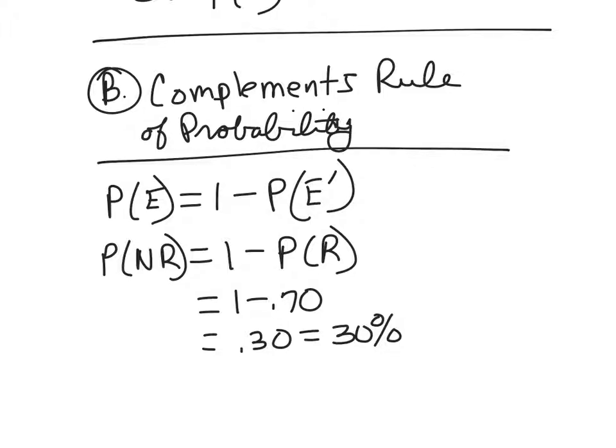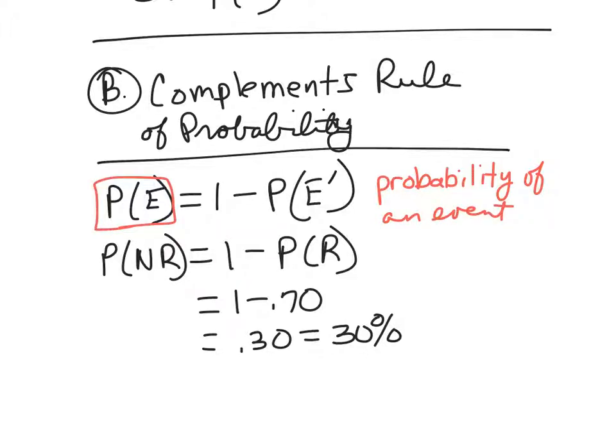In layman's terms, a good way to think about this is as follows. The probability of an event, think of that as your probability of E, is equal to what? 1 minus P of E prime, which means what?